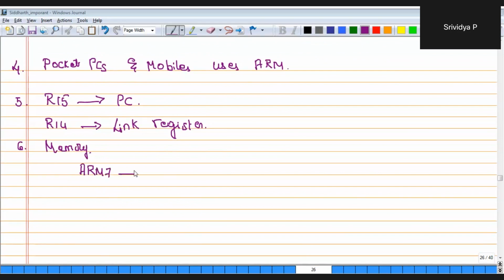ARM 7 family has Princeton architecture and ARM 11 family has Harvard architecture. The difference between Princeton and Harvard is, if there is a single memory to store both program as well as data, we call it Princeton.